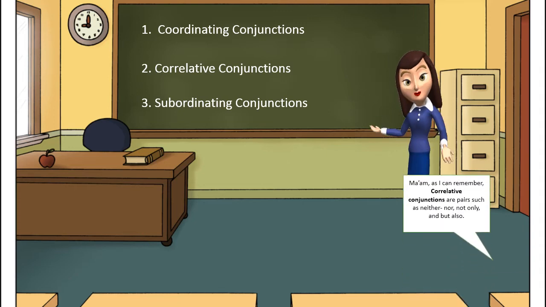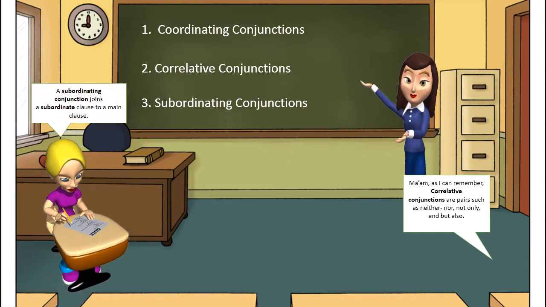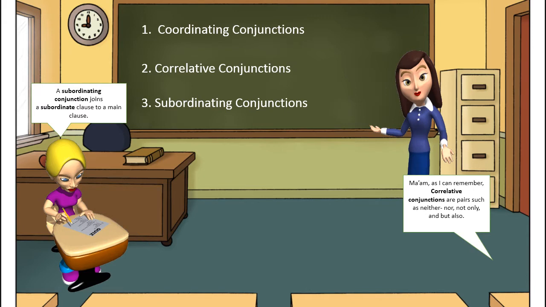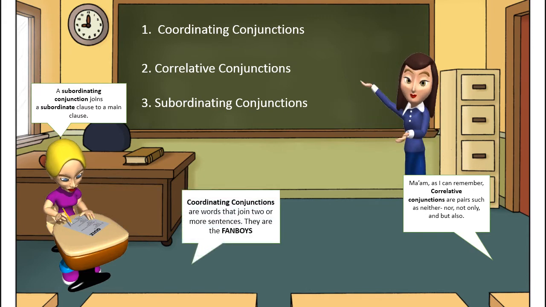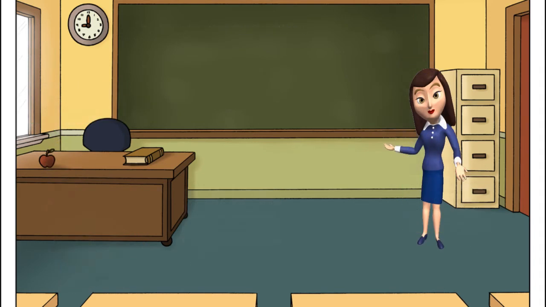Ma'am, as I can remember, correlative conjunctions are pairs such as neither nor, not only, and but also. A subordinating conjunction joins a subordinate clause to a main clause. Coordinating conjunctions are words that join two or more sentences. They are the fanboys. Correct.